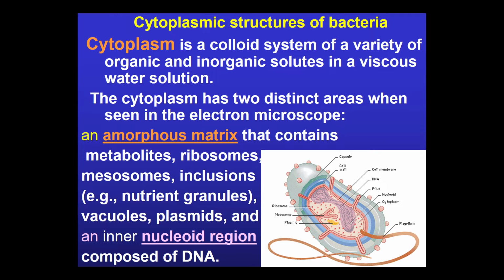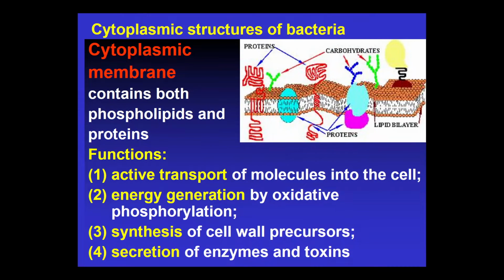But then in the cytoplasm you can see distinct areas: the amorphous matrix that contains metabolites, ribosomes, mesosomes, inclusion bodies, so nutrient granules, vacuoles, plasmids, and all others. And the inner so-called nucleoid region, where the DNA is located, that is the genome of bacteria.